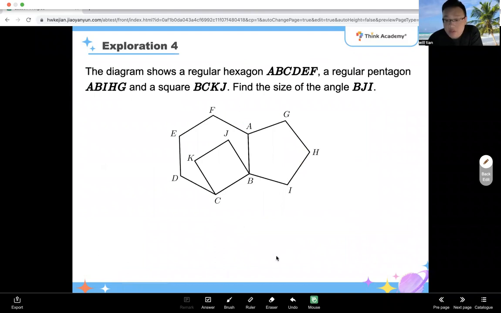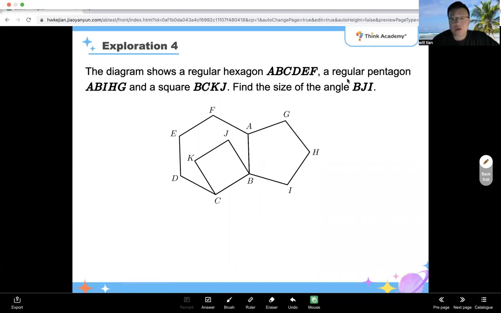Now, guys, we do have this question over here. Let's take a look at this exploration 4, and we have 2 more questions, including this one. The diagram shows a regular hexagon ABCDEF. Okay, it's a regular hexagon. Just now we did the calculation to find the size of one interior angle of this one.